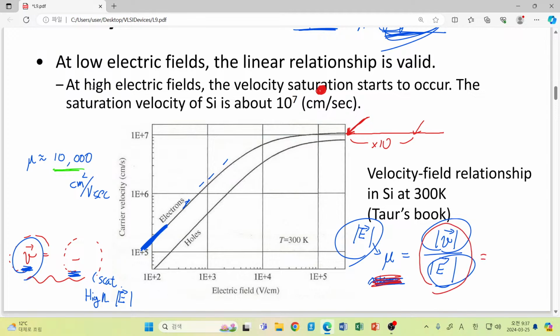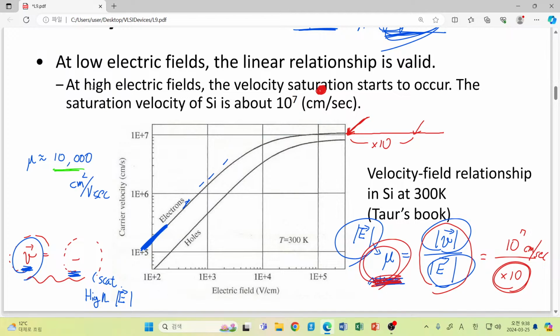If we adopt this, velocity is always 10 to the 7 centimeter per second. However, if we have a 10 times higher electric field, then the electric field increases 10 times and the calculated mobility will decrease 10 times.